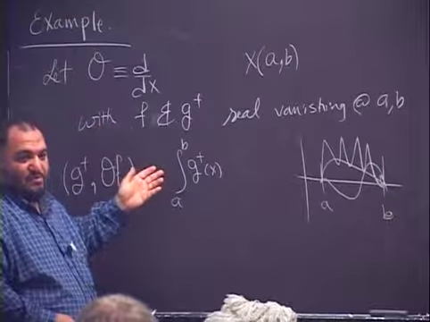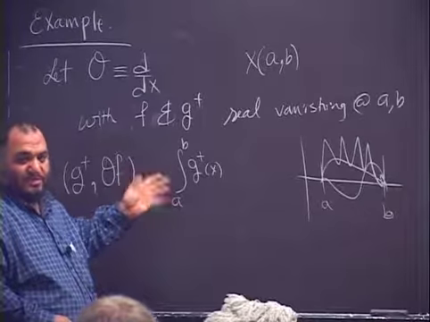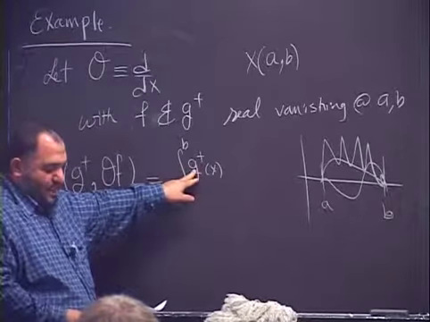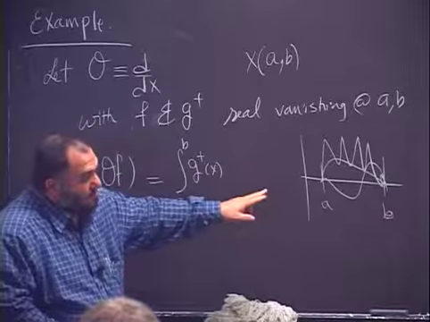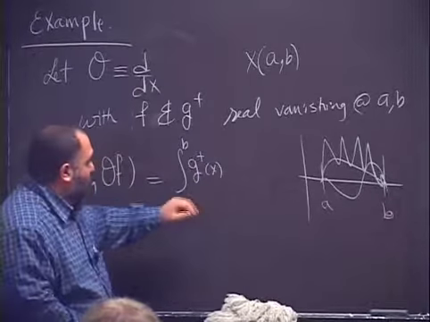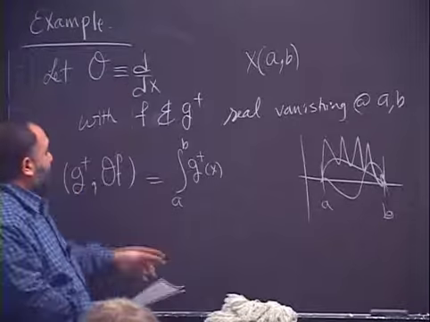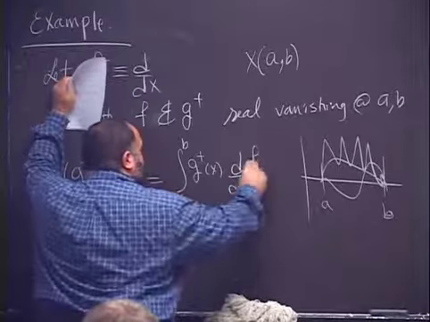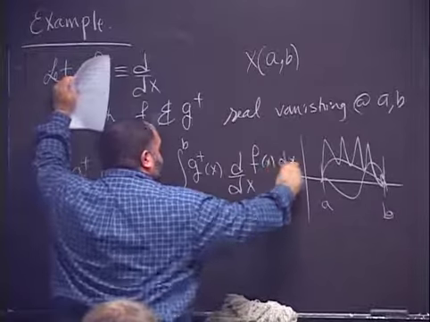For a real function, the complex conjugate of the function is the same function. So this is g dagger multiplied by the operator O operated over the function f. What's the operator O in this case? It's d by dx operated over the function f, dx.